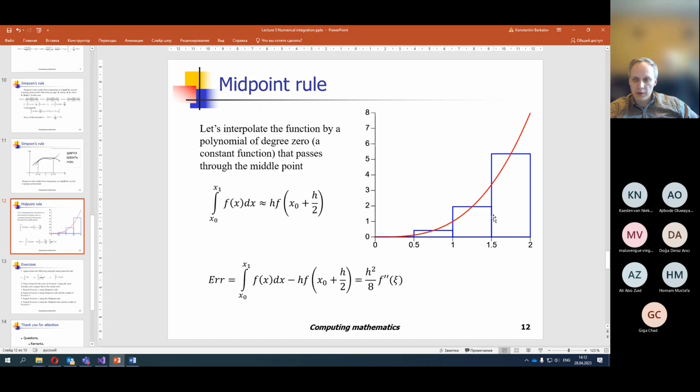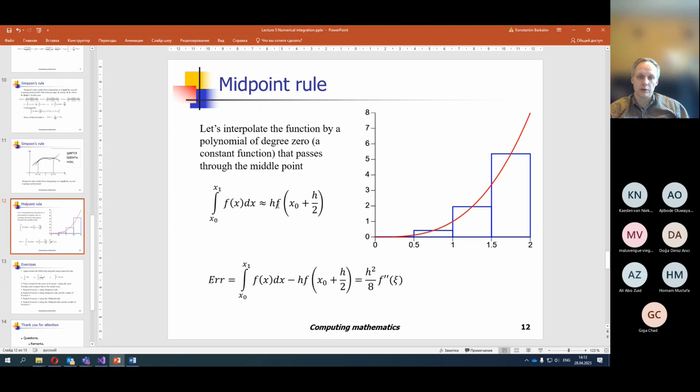And the sum of the areas of the rectangles will be the approximated value of the integral. If we consider one interval from x0 to x1, the area of a rectangle can be computed very simply. It's a multiplication of the lengths of two sides of the rectangle.